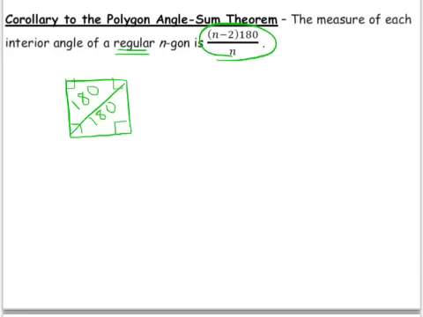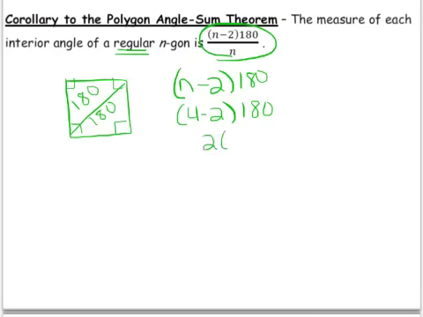So basically, using our formula of n minus 2 times 180, we have the square, which is a 4-sided polygon, minus 2 times 180. 2 times 180 equals 360. So the sum of the angles of a 4-sided polygon such as the square is equal to 360.